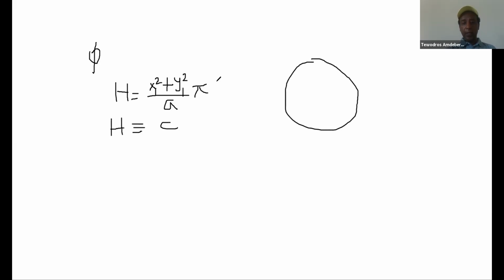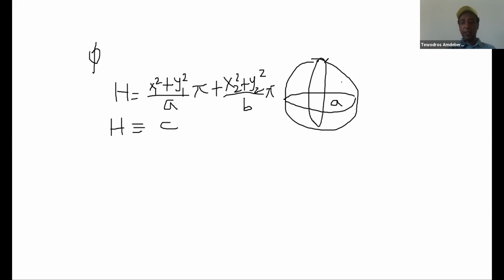Now, if you allow me to add more, x2 squared plus y2 squared over b, I multiply by pi, you'll see why. Then if I consider this as a constant, then the level surfaces are symplectic ellipsoids. And for instance, the reason I put pi in is because one segment has area A, the other has area B.